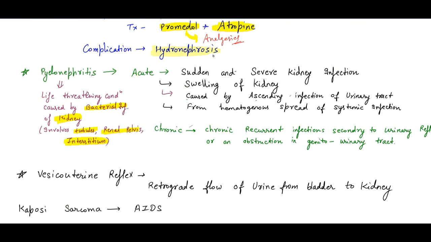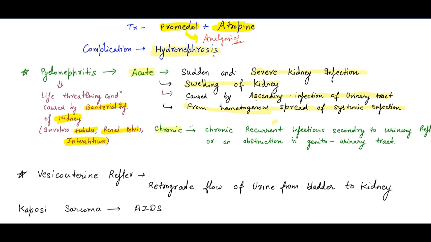Acute means a sudden and severe kidney infection, and there will be swelling of the kidney. And remember, acute pyelonephritis is caused by ascending infection of the urinary tract, or by hematogenous spread of a systemic infection.